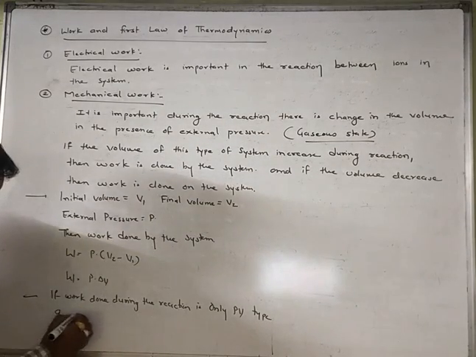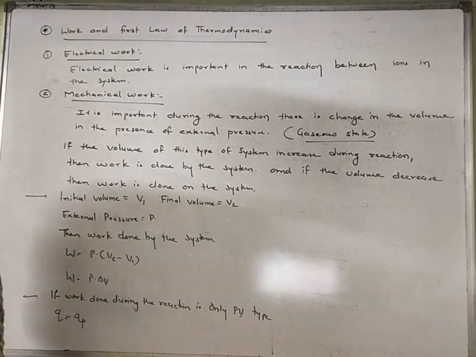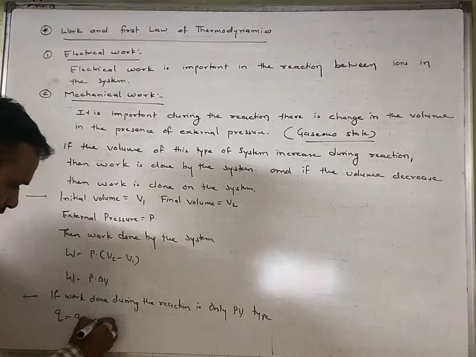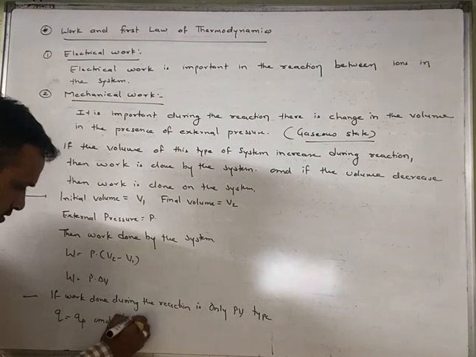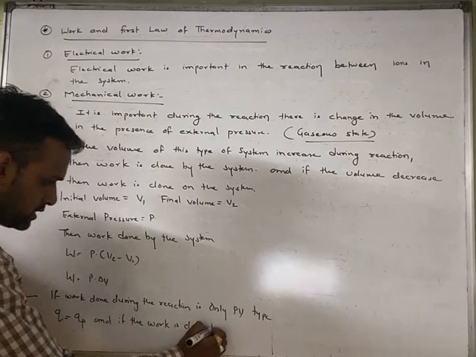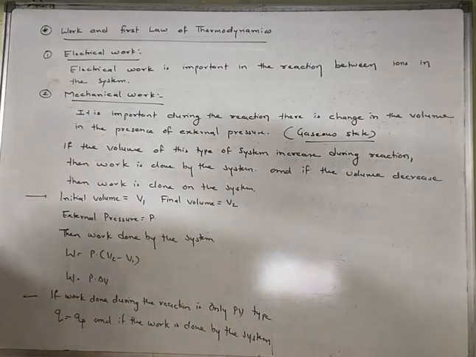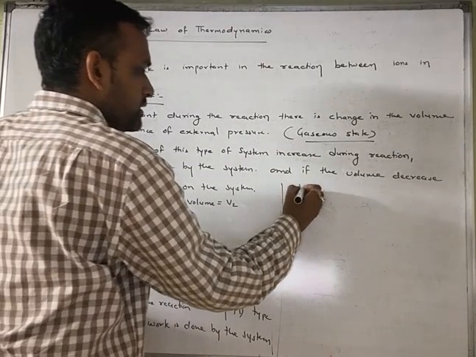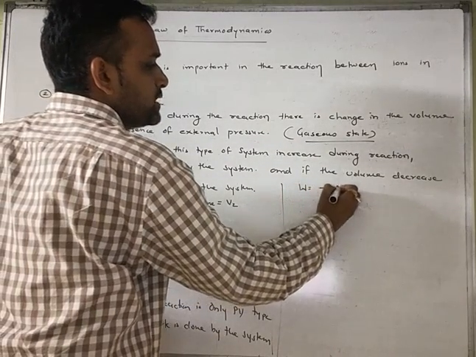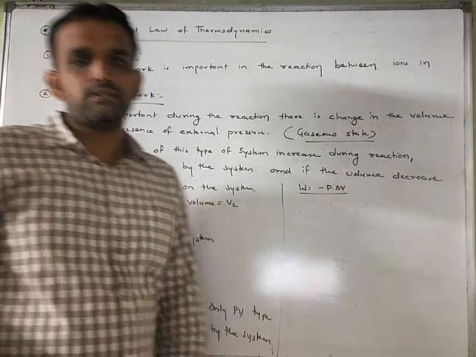And if the work is done by the system, then I can say that W equals to minus P into delta V. Why negative? Because work is done by the system.